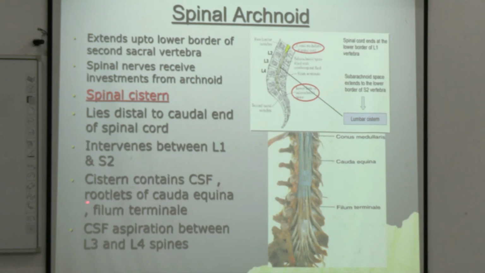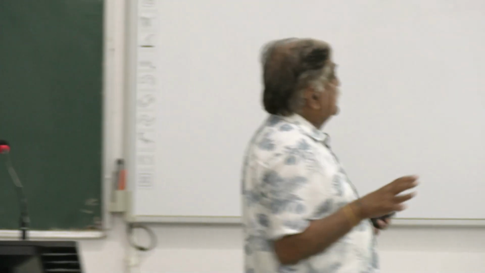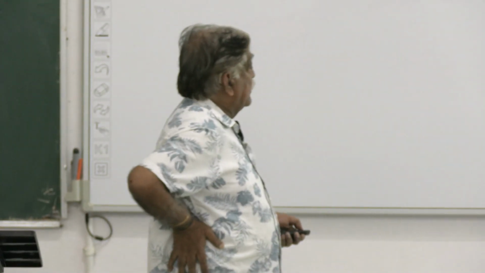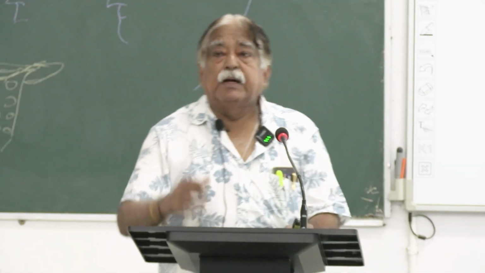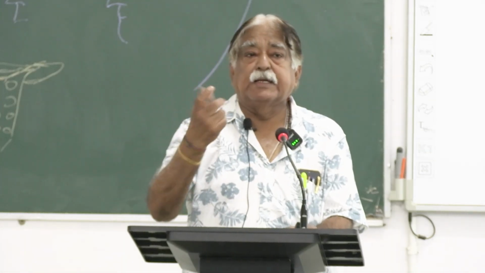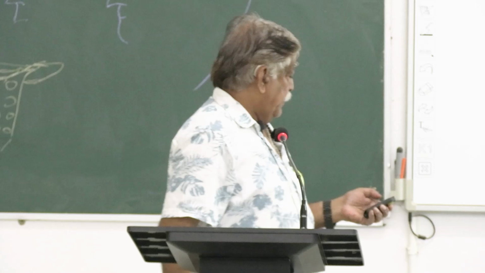What is the content? Describe the spinal cistern and what are the contents of the spinal cistern, and CSF aspiration between L3 and L4 spines. Now, when I told you regarding the vertebral column, you have to give a spinal tap in meningitis in the ward. So, this is the level to collect CSF.